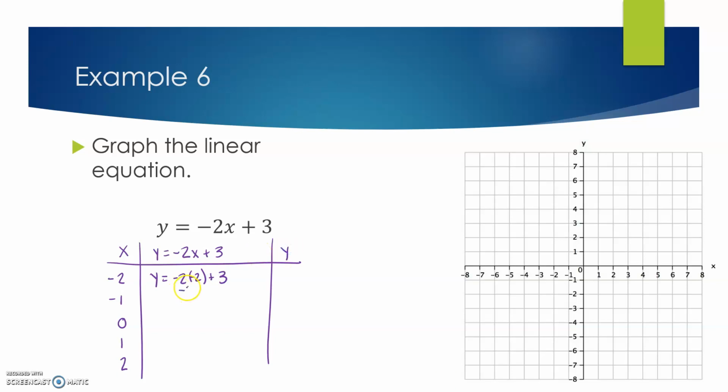I would get +4 plus 3, which is 7. Then I'd have y equals -2 times -1 plus 3. Well, this would give me 2 plus 3, which is 5. I'd get y equals -2 times 0 plus 3. That would give me 0 plus 3, which is 3.